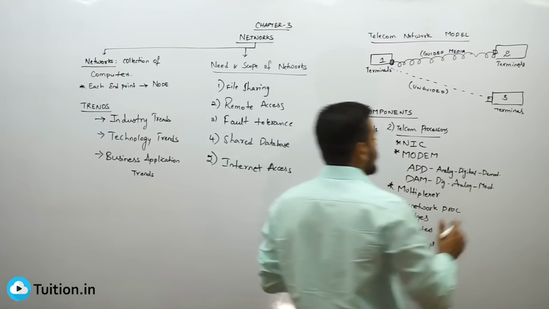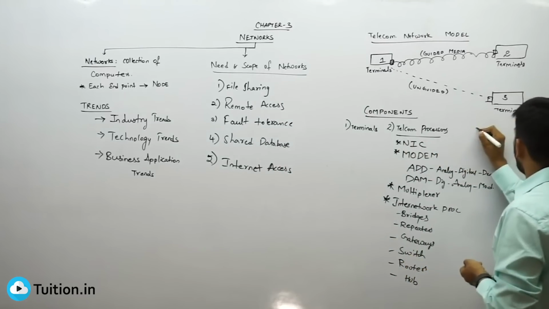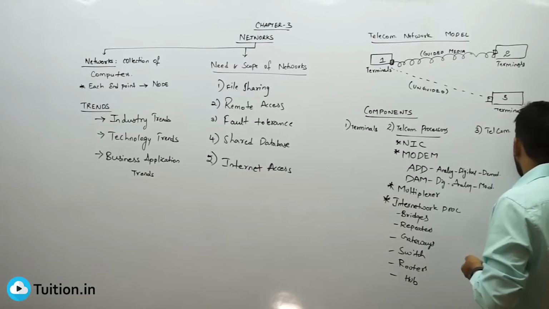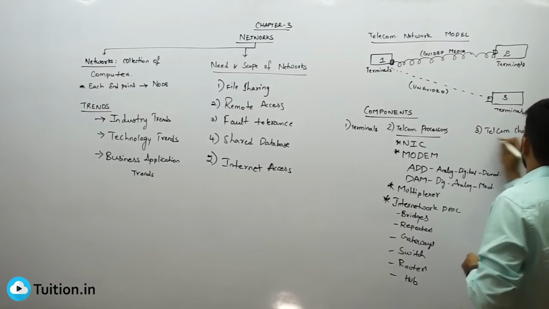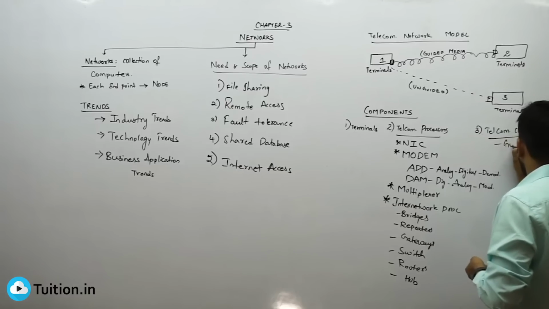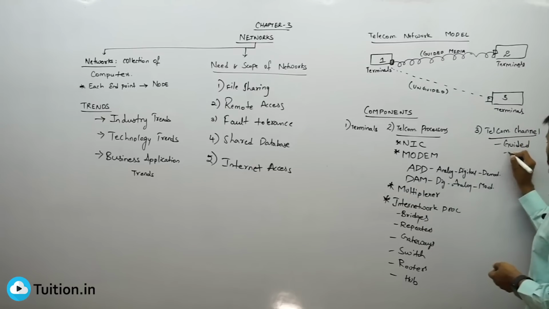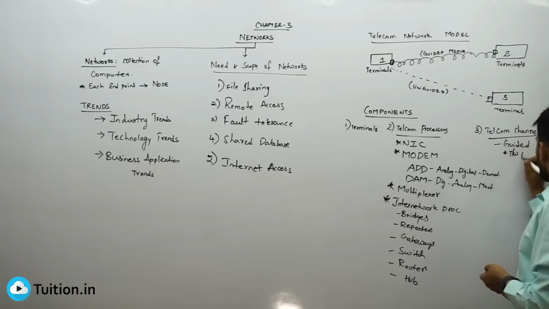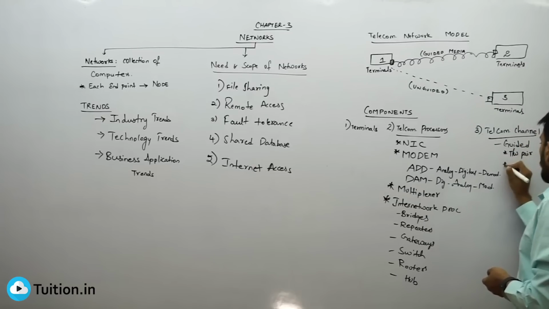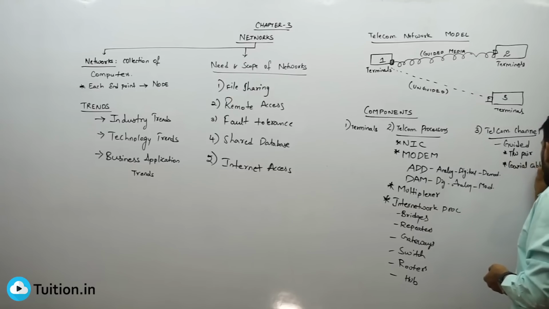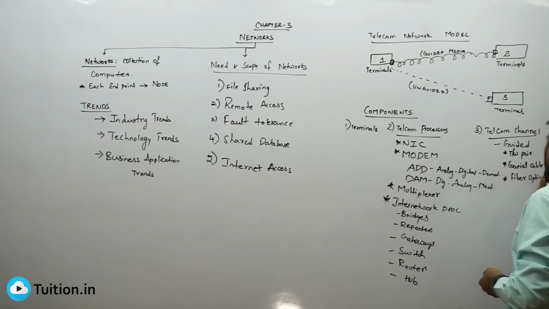Then moving up next, we have the telecommunication channel. In the telecommunication channel we have guided. Under guided we have 3 things: twisted pair of wires, then coaxial cable, and then of course fiber optics. 3 types of wires.